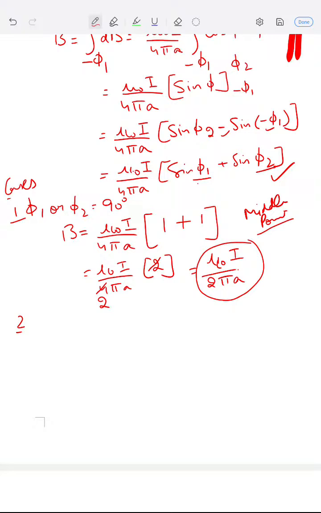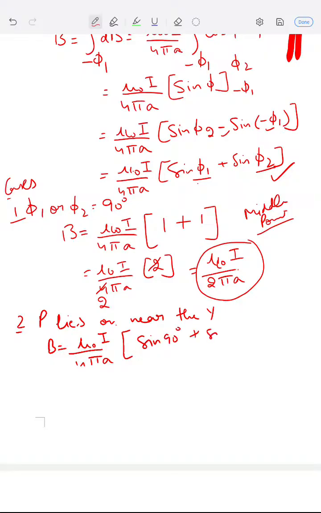If P lies near the end of the conductor, one will be sin 90 degrees, the other will be sin 0. Sin 0 will be 0, sin 90 is 1.